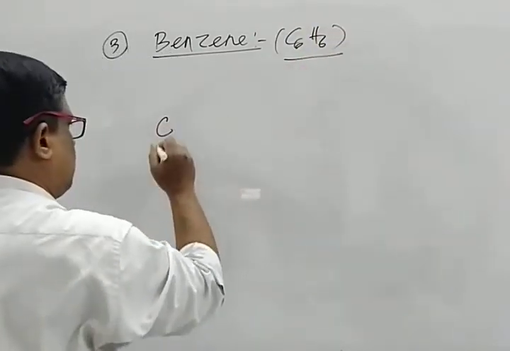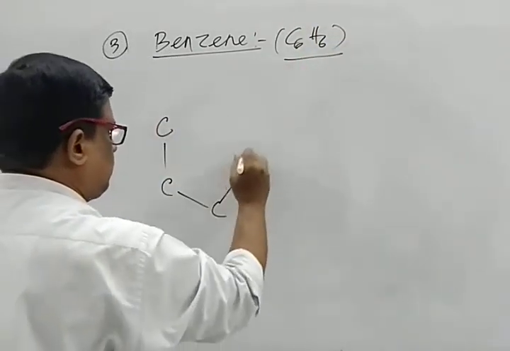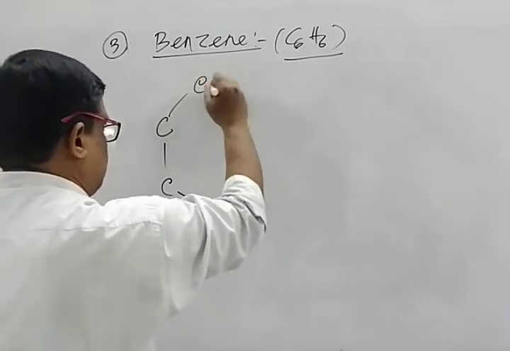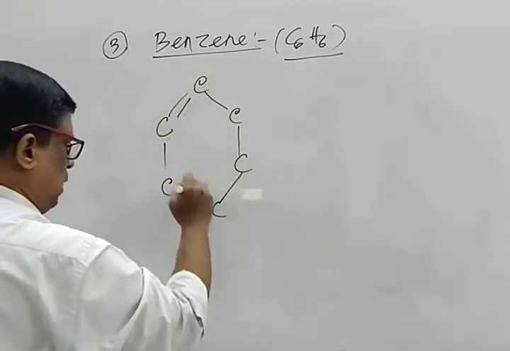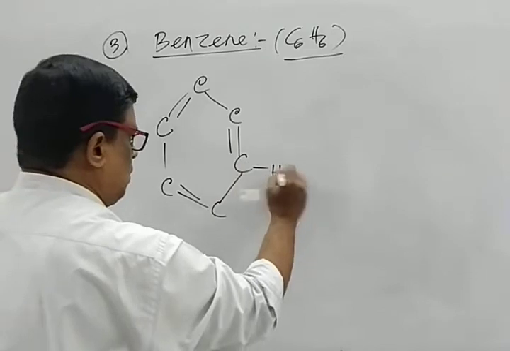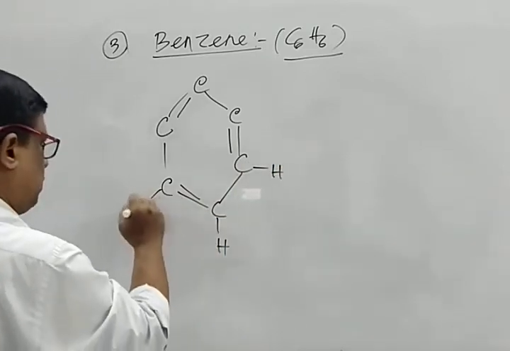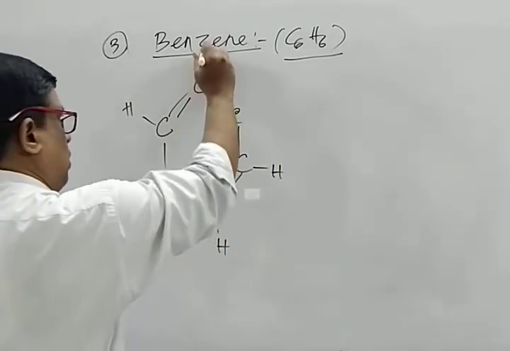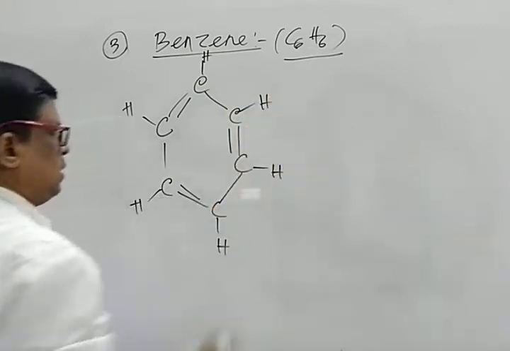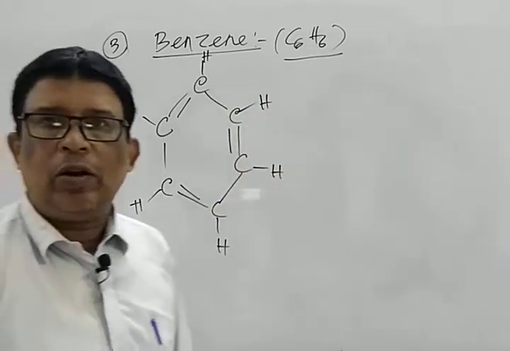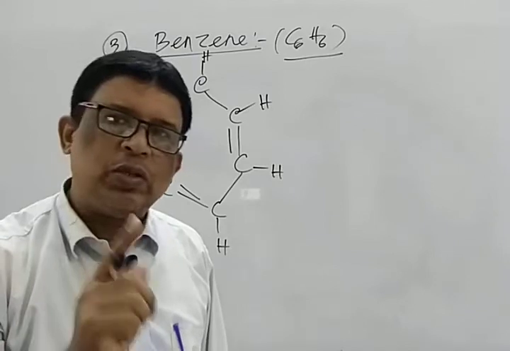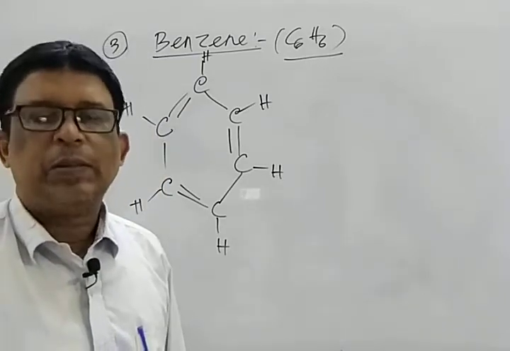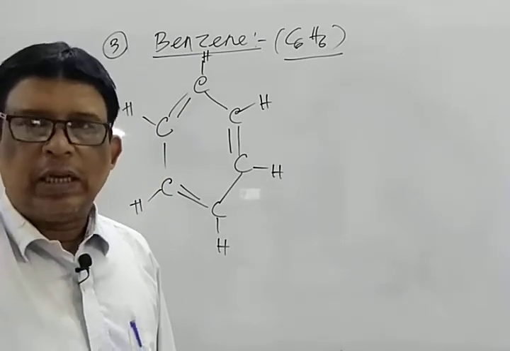Mark that. The structure: double, single, double, single, double. It is the structure for benzene, C6H6. Keep in mind that each carbon atom satisfies its octet, with the special case of hydrogen, which has a duplet.